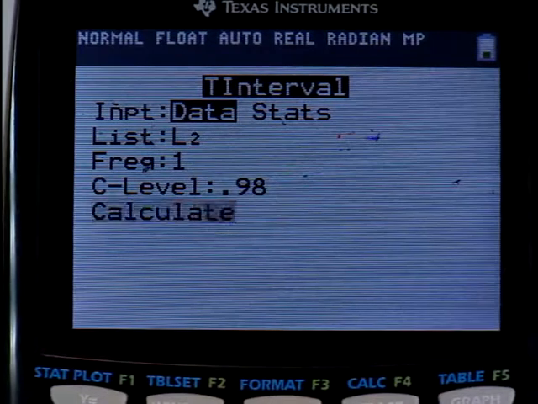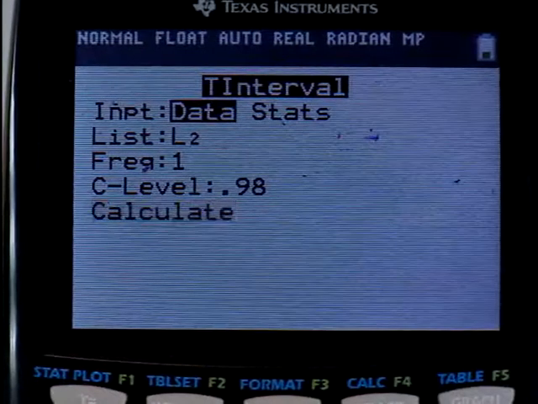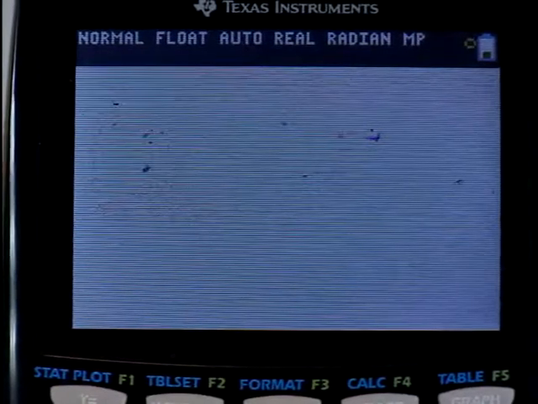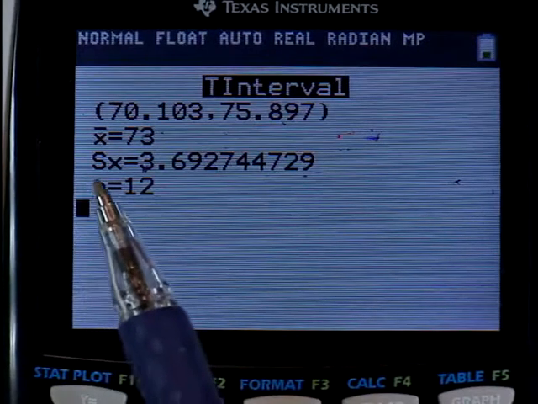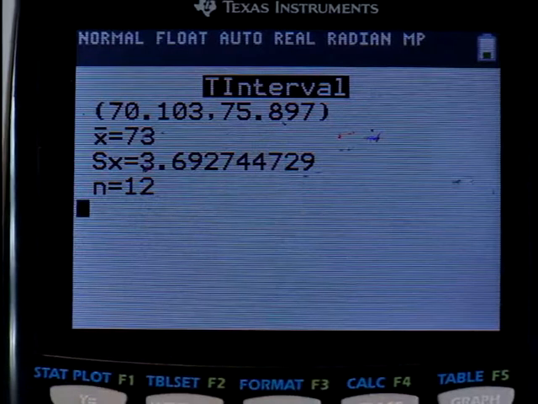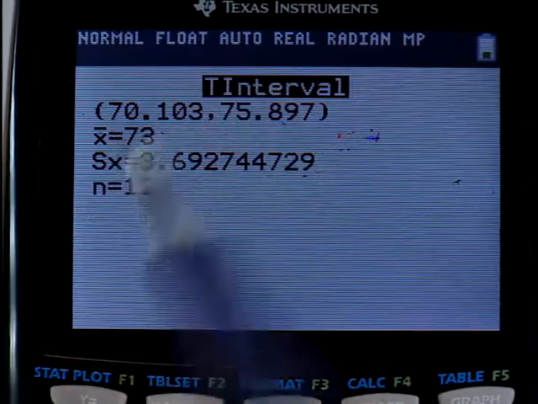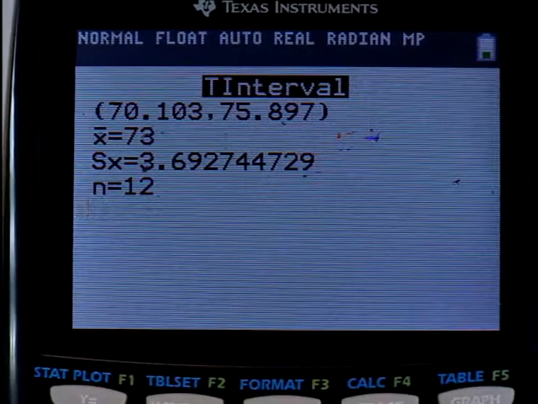Let's see what the difference would be if we calculated it as raw data, since we did take the time to put the raw data in the calculator. To 76. Once again, the same answer by hand. 70 to 76. And remember the trick for E.